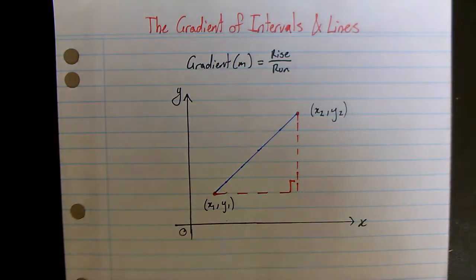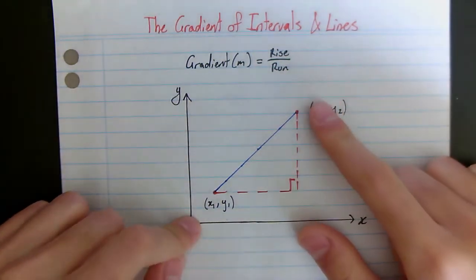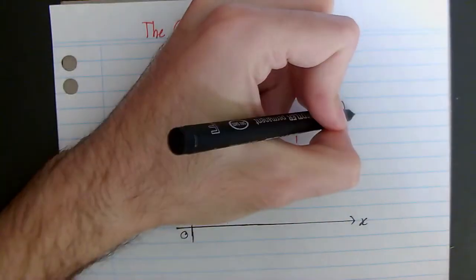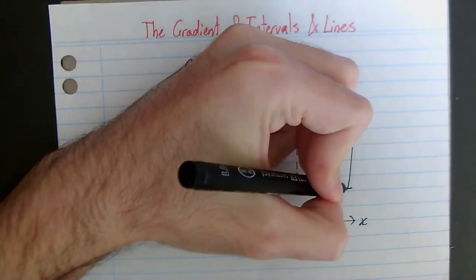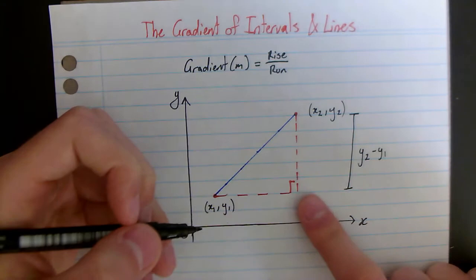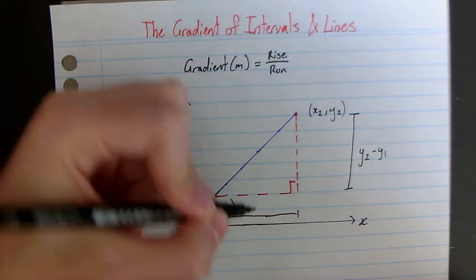Okay, and what is this vertical length? This vertical length is equal to y2 minus y1. And the horizontal length is going to be equal to x2 minus x1.